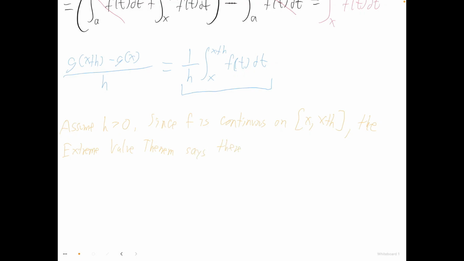The extreme value theorem says there are numbers u and v in the closed interval x to x plus h, such that f of u is always going to be less than or equal to f of t, which is always less than or equal to f of v, where f of u is the absolute min of f, and f of v is, I said f of x here, but this should be f of t, sorry.